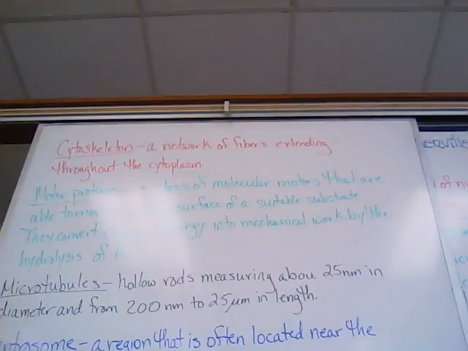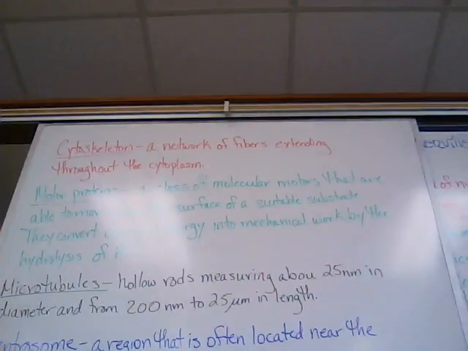Microfilaments seem to be present in all eukaryotic cells. In contrast to the compression-resisting role of microtubules, the structural role of microfilaments in the cytoskeleton is to bear tension, pulling forces.